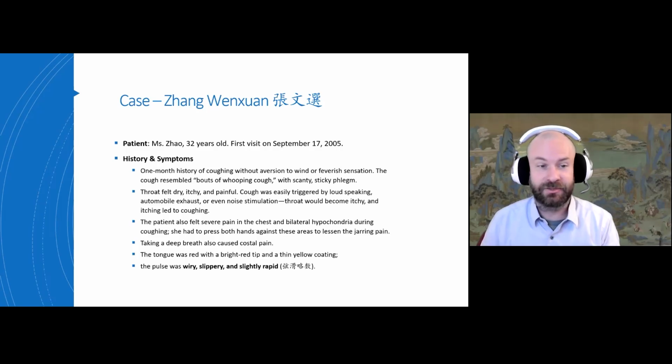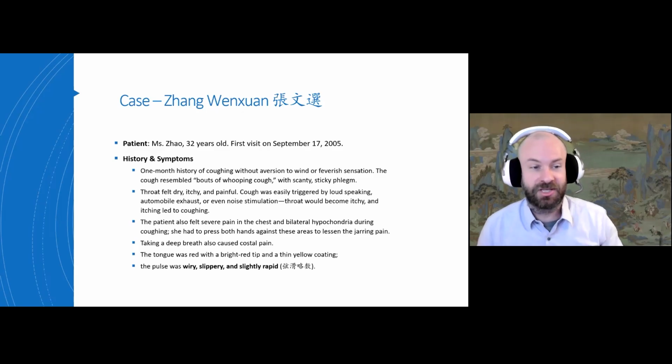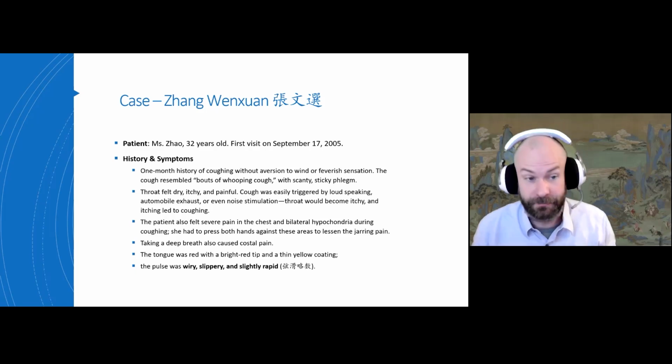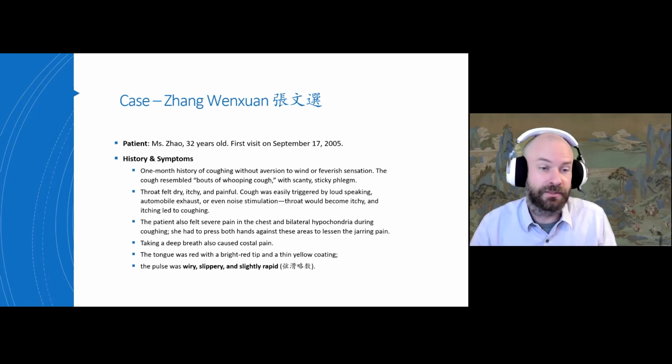The cough was easily triggered by loud speaking, automobile exhaust, or even any noise stimulation. The throat would become itchy, and itching led to coughing. The patient also felt severe pain in the chest and bilateral hypochondria during coughing. She had to press both hands on these areas to lessen the jarring pain. Taking a deep breath also caused costal pain.